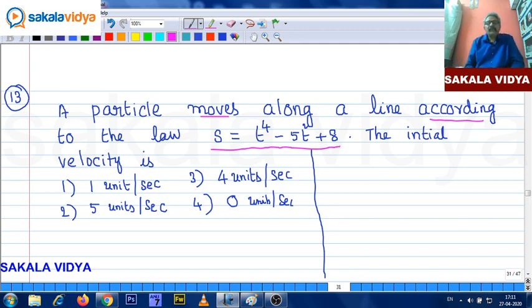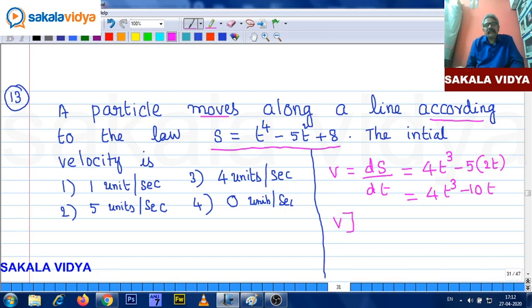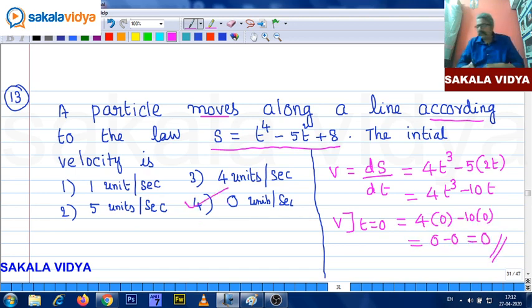So, that means now find ds by dt, velocity, ds by dt equals 4t cube minus 5t square differentiation, 5 into 2t, that is actually we have here 4t cube minus 10t. Now, initial velocity means velocity when t is equal to 0 before starting, that is 4 into 0 cube 0 minus 10 into 0 0. So, this will be 0 minus 0, 0 only, initial velocity is 0. So, fourth option.